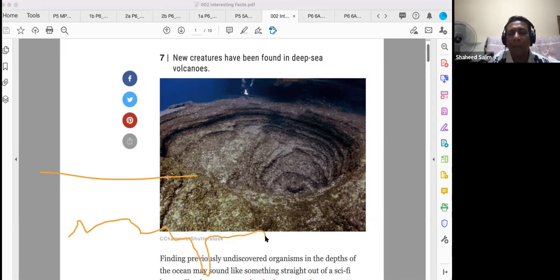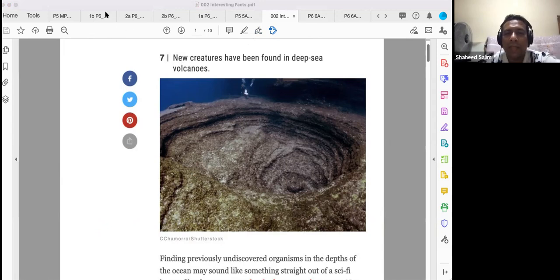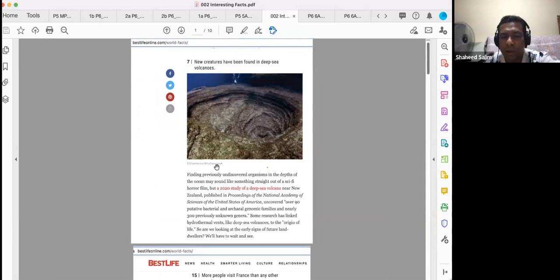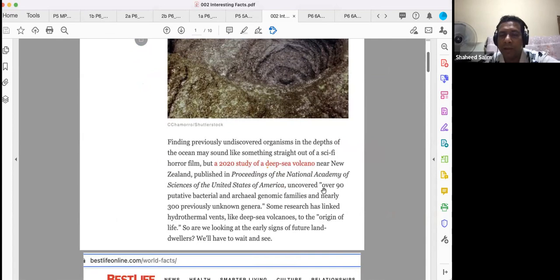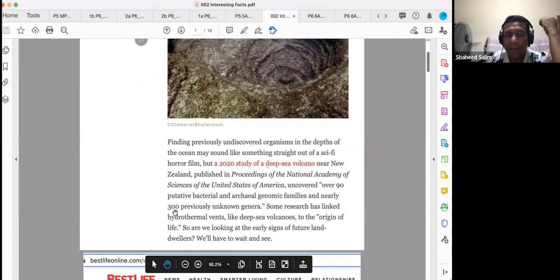According to this article, scientists have found new organisms in deep sea volcanoes. They have discovered over 90 new organisms, and nearly 300 that they never knew before.